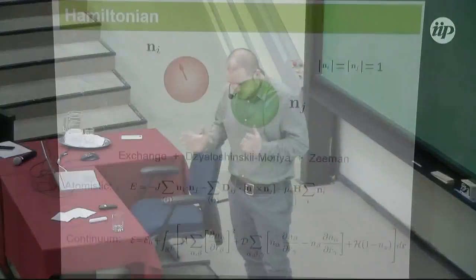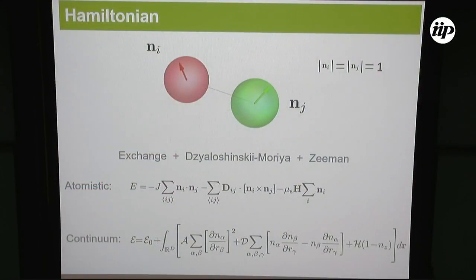So actually you can see there are two Hamiltonians here, but they are about the same. If, for example, someone prefers a lattice Hamiltonian, it's the first one, and the other one is for people who prefer the continuum approach.